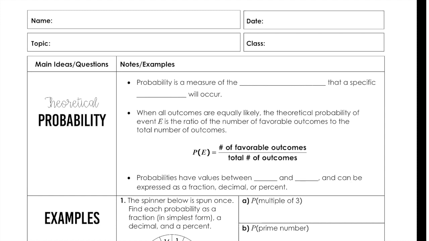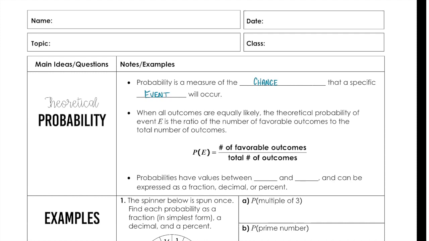So we want the chance that a specific event is going to occur. To do that, all of our outcomes need to be equally likely. We'll talk about it when that's different.